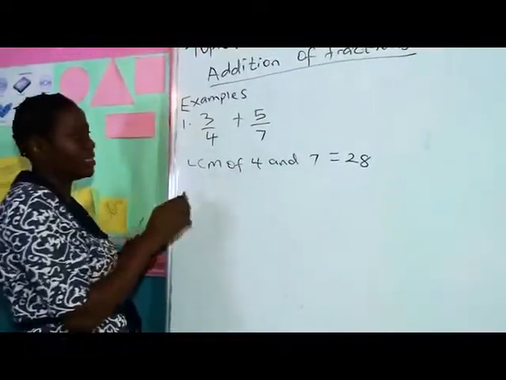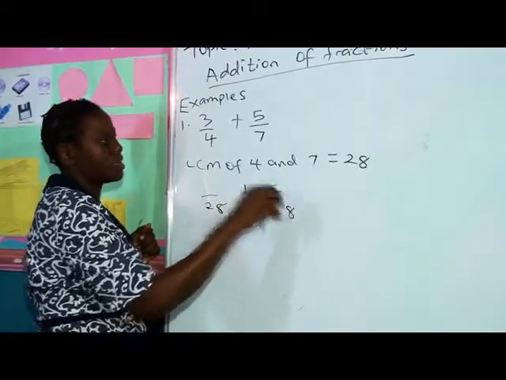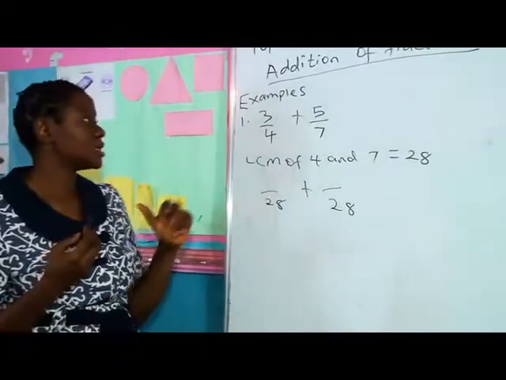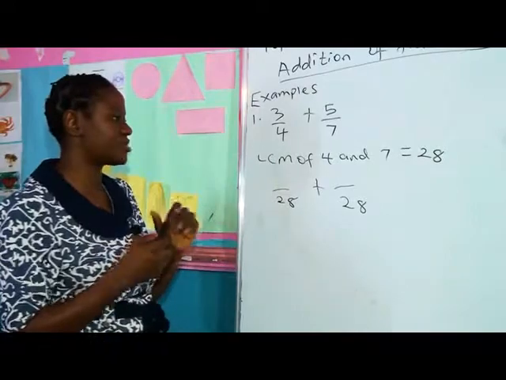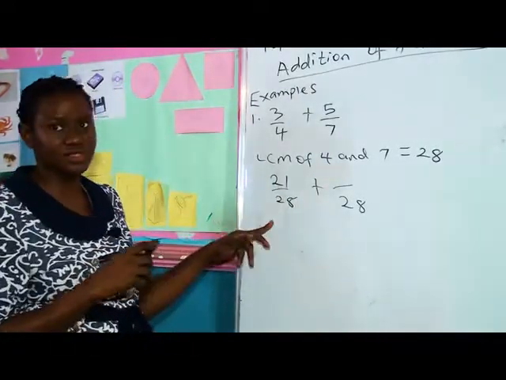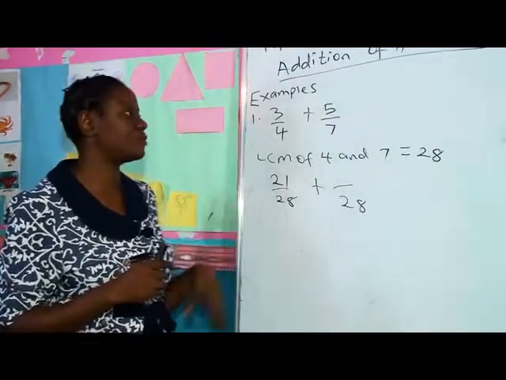We change to the same denominators, over 28. How many 4 can I find in 28? 7. 7 times 3 is 21, meaning 21 over 28 is an equivalent fraction to 3 over 4.